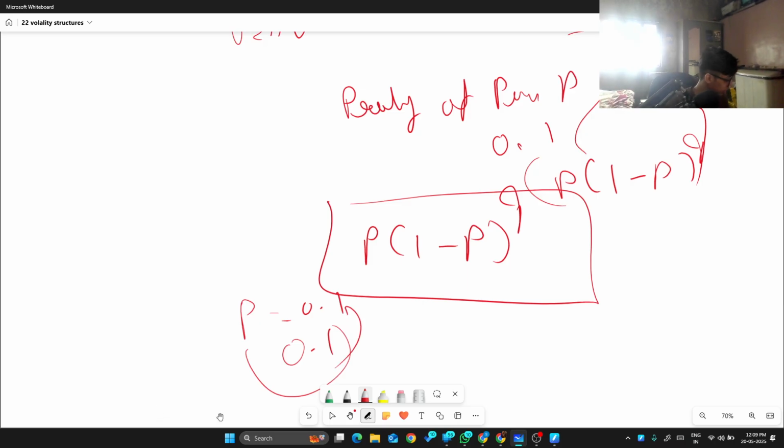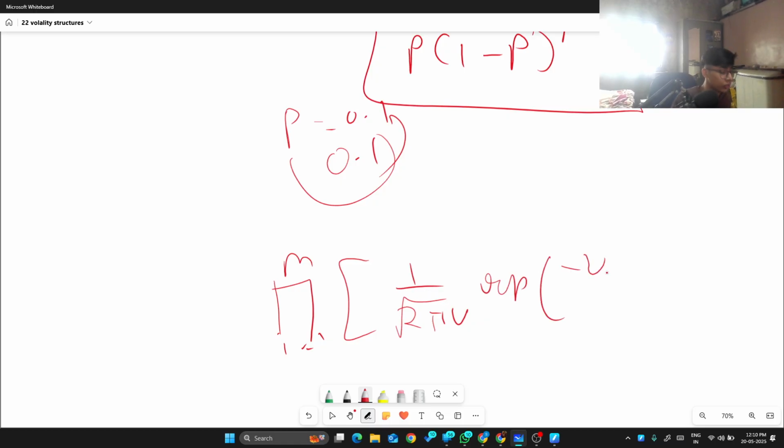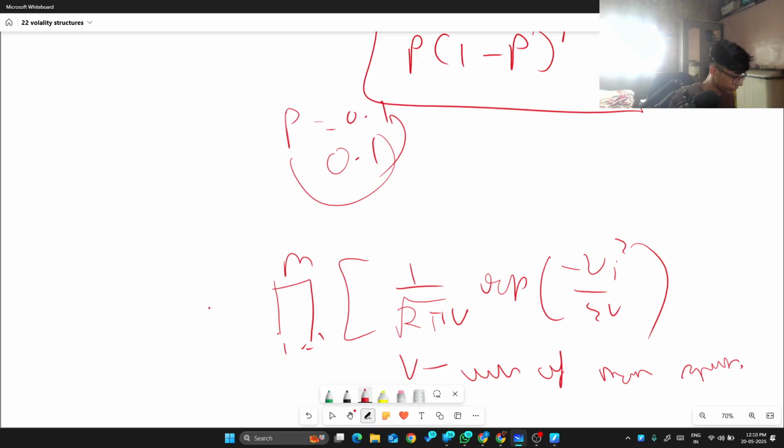I hope you understand it. And the likelihood of the observations for the other case is the product of 1 over square root of 2 pi v, exponential of minus u_i squared upon 2v, where v is the variance.